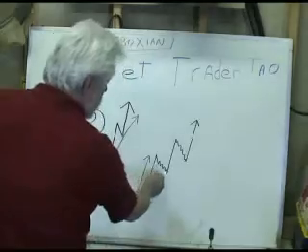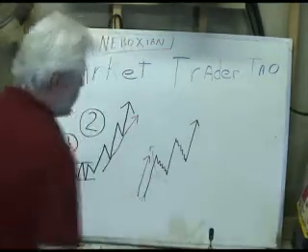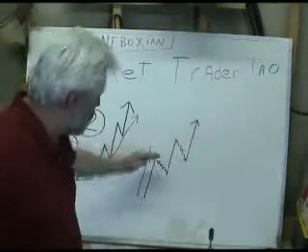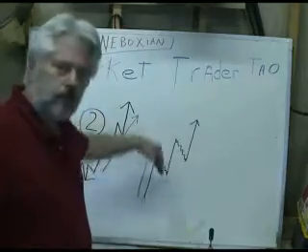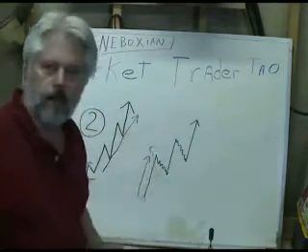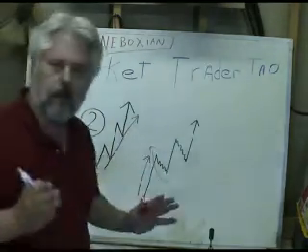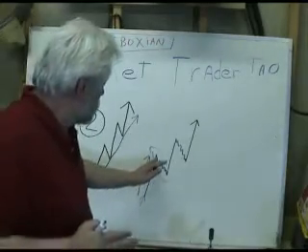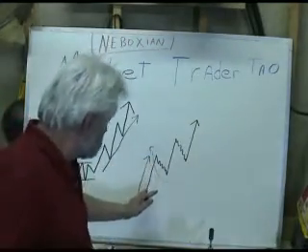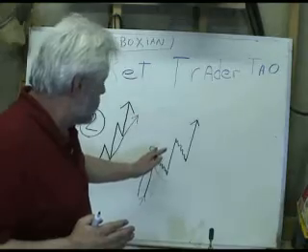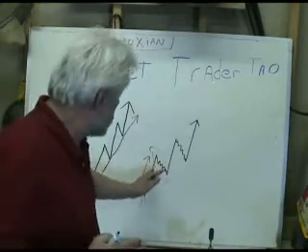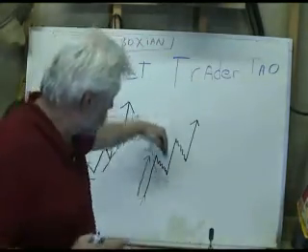What you'll see here is a real rocky line. It's all over the place. It's up and down, back and forth. What's happening here is that the buyers want to keep it going. The sellers want to sell off.